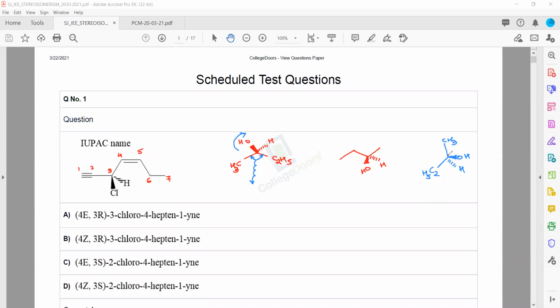Right. So if I convert this into a Fischer projection, what is the concept? The two bonds which are in the plane appear on the vertical line. So here the methyl will be on the upside, the ethyl will be down. Now, will the dark wedge go on the left side or on the right side?